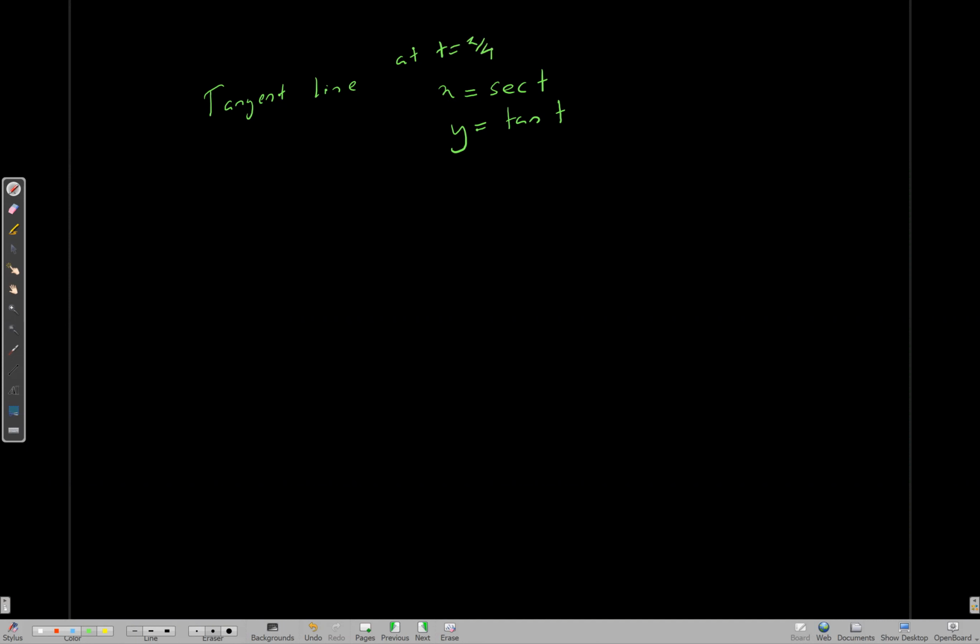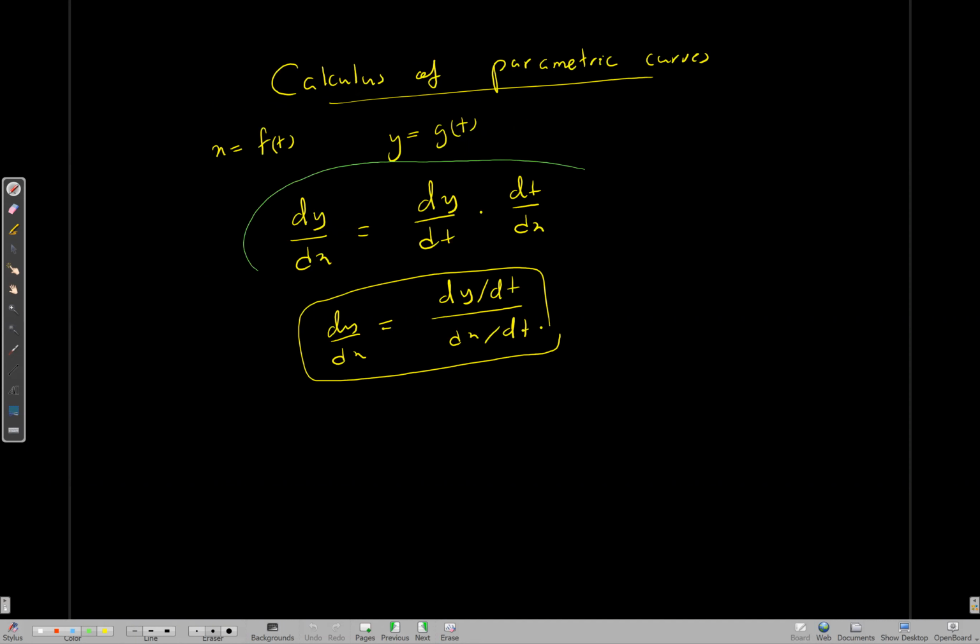So how do you do that? Well, this is how we do this. So dy by dx, using our earlier story: first y by t and then dx by dt. See, this part is coming from the chain rule.